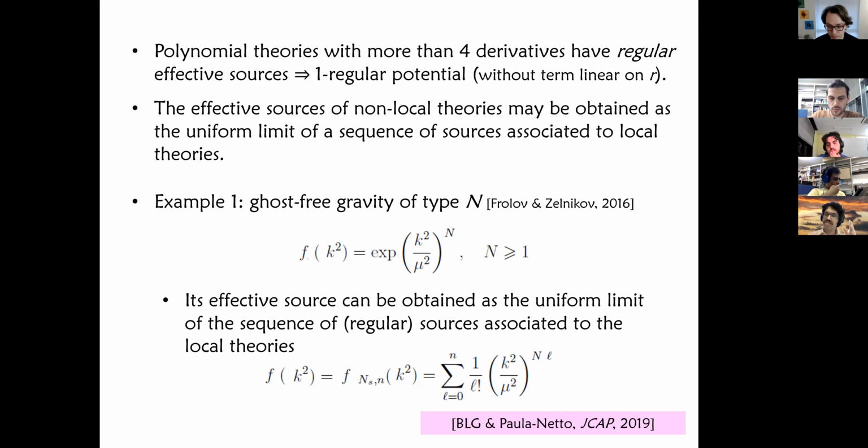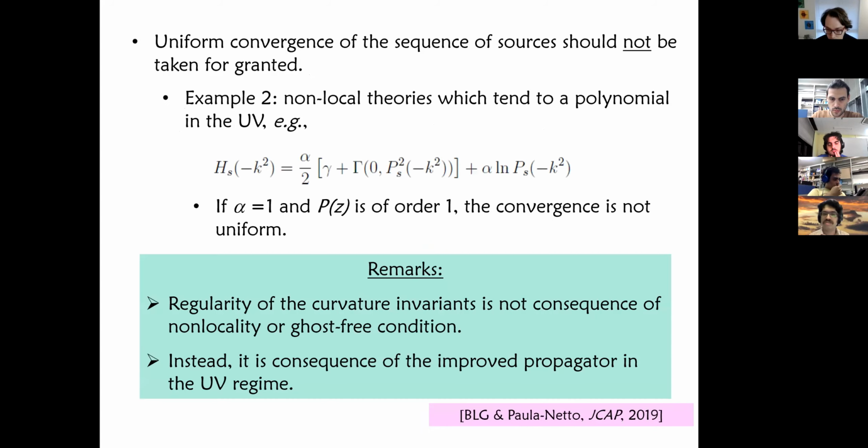So for each order in the truncation, you have a smeared source. And you can show that when you take the limit of this sequence of sources, it converges, and it converges uniformly. But of course, it's not true that it holds for any non-local theory.